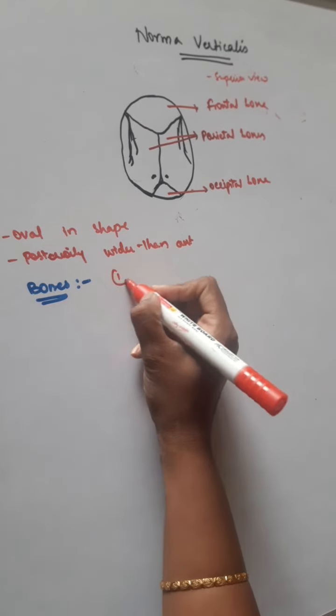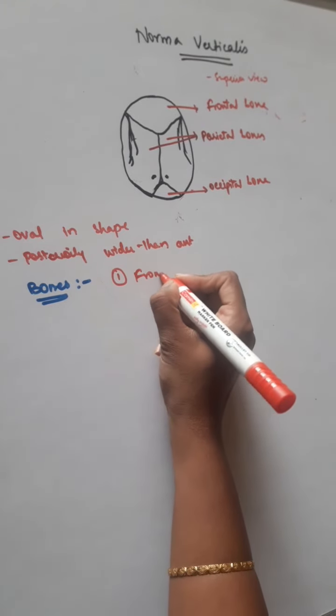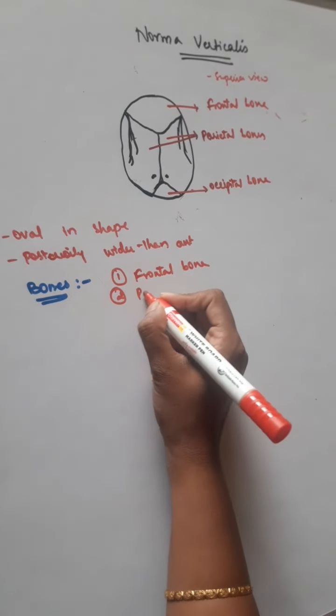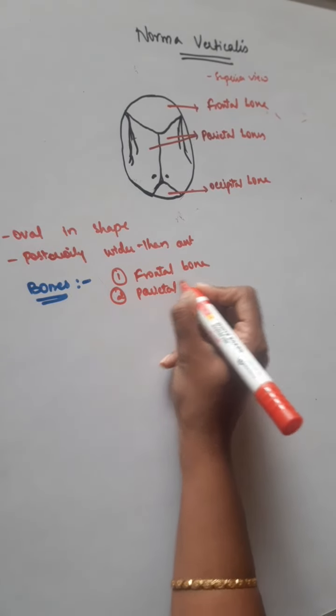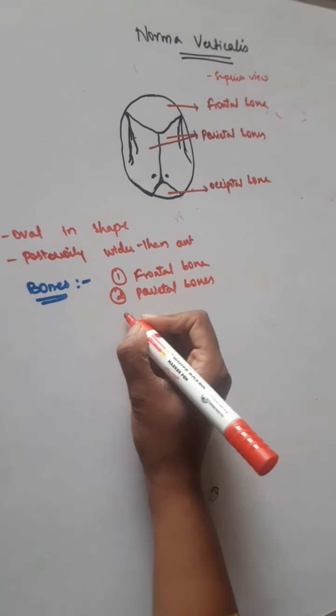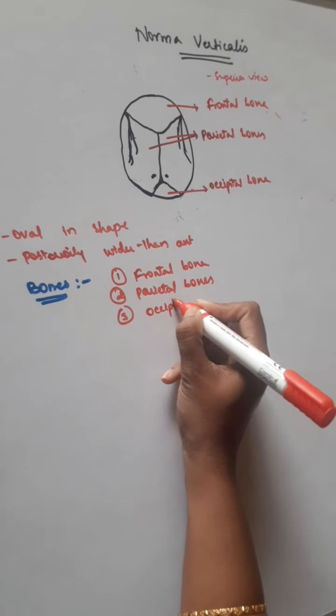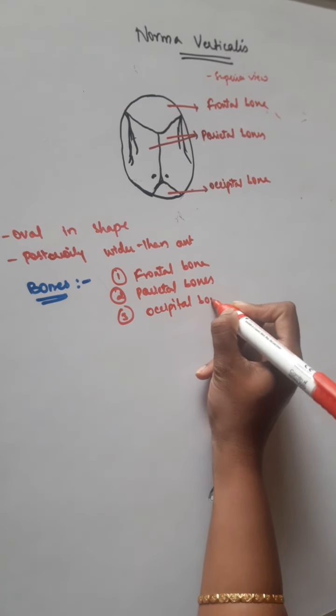There are three bones. First one, frontal bone. Second, parietal bones, one on each side, and third, occipital bone.